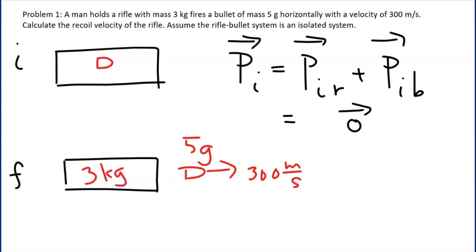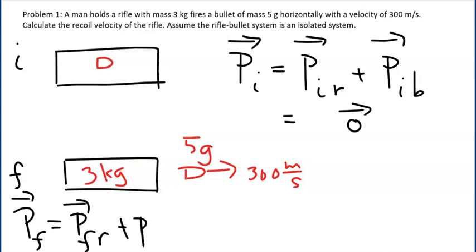So now we have to write down the final linear momentum of the system. The final linear momentum of the system consists of the final linear momentum of the rifle plus the final linear momentum of the bullet. Now what is the first term? The final linear momentum of the rifle is 3 times some recoil velocity of the rifle.